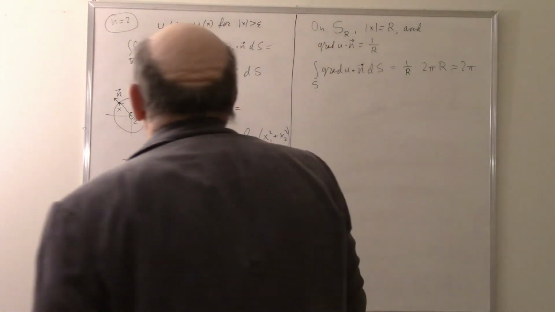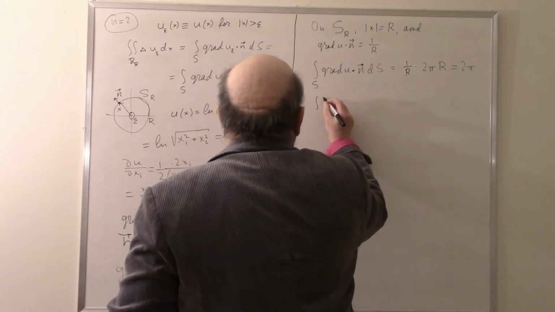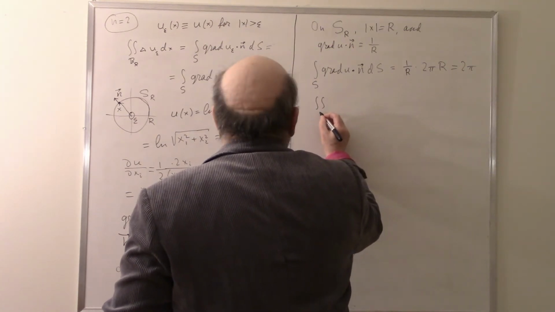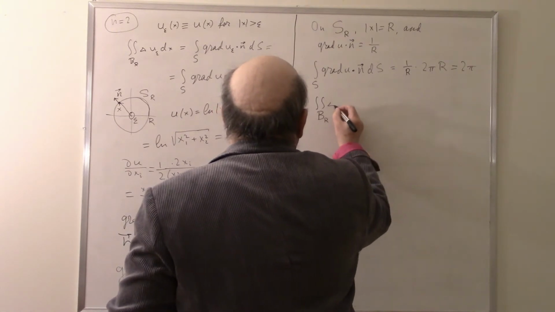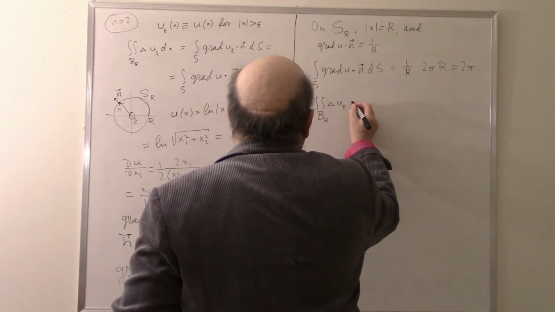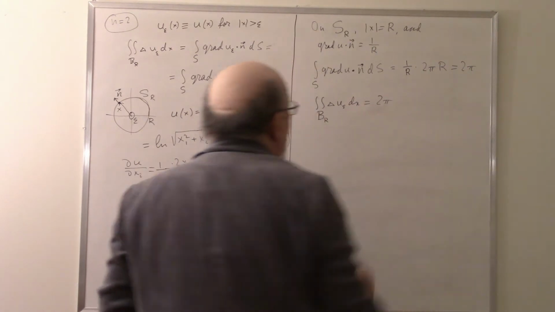So this means, if you return to the beginning, that the integral over the ball B_R of Laplacian u_epsilon dx equals 2π.